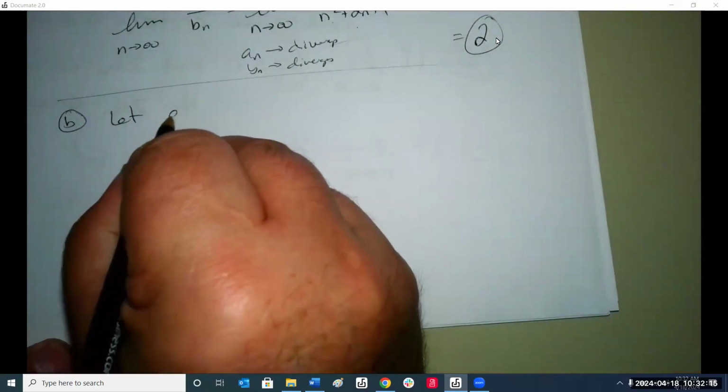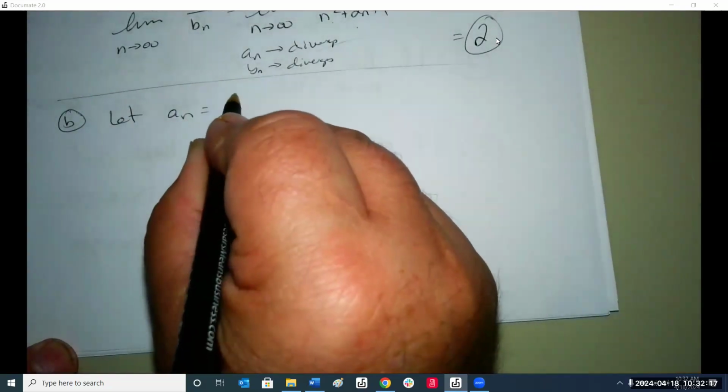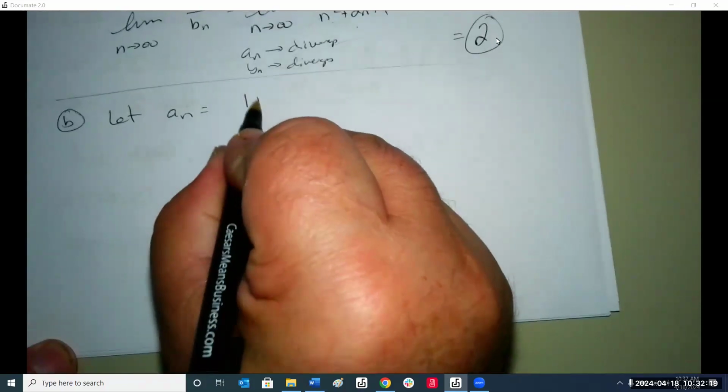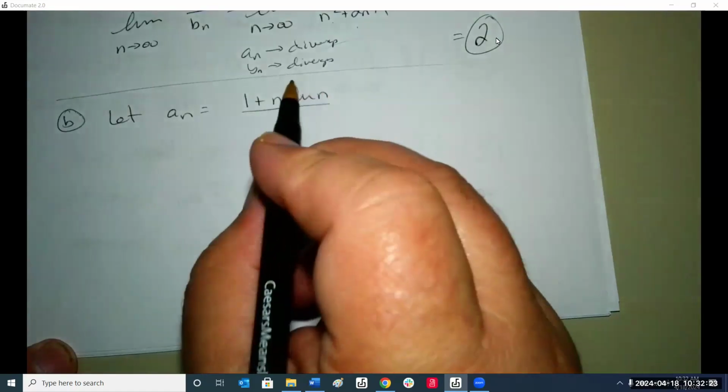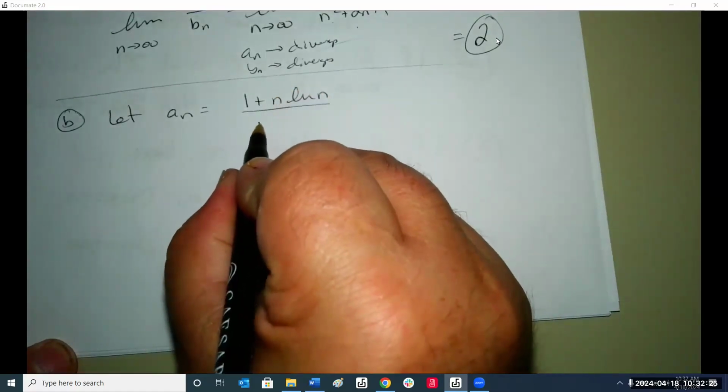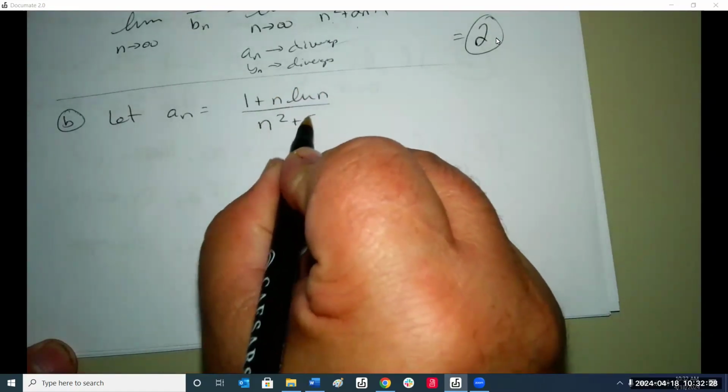So the second one, let a sub n equal 1 plus n ln n over n squared plus 5.